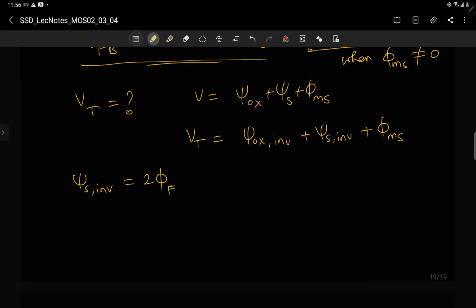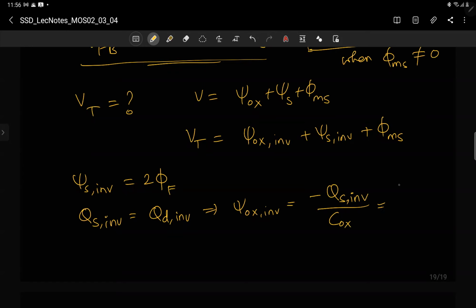It will get inverted, which implies QS at inversion is nothing but QD at inversion. That implies psi ox at inversion is the same, because psi ox at inversion is nothing but minus QS at inversion by Cox, which is minus QD at inversion by Cox.